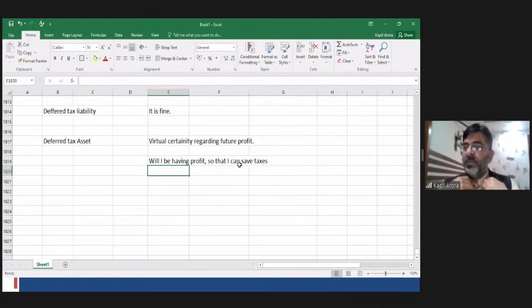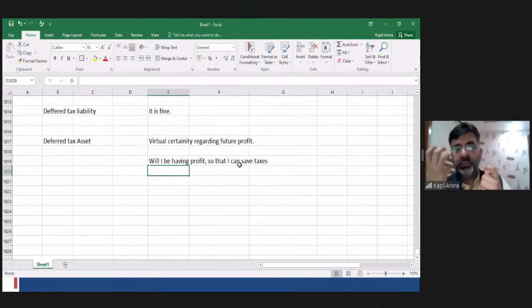Let's assume I am a loss-making company, incurring loss for the last 10 years, and I have some deferred tax asset appearing in the books because of some rules. Now the question comes up: will you be able to save this much tax in the future?